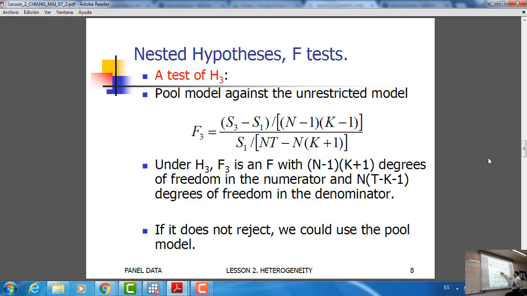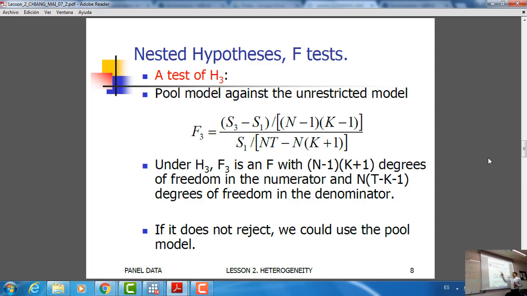The sum square residuals are going to be close when the two models are similar, and separated if they are not similar. So I'm going to read the F-test in the way that all F-tests should be read, in a general way, but very simple.